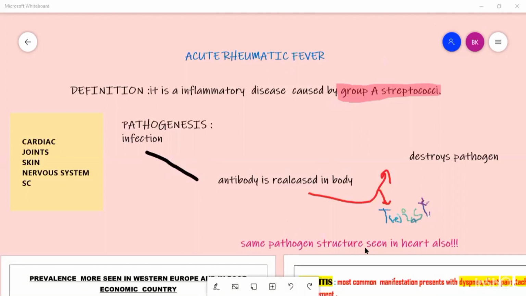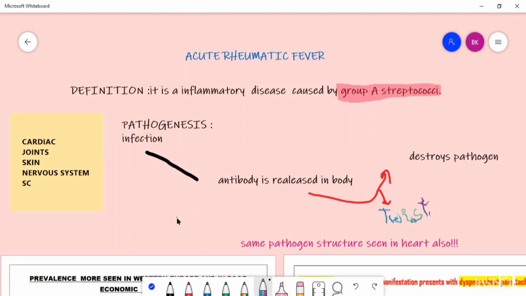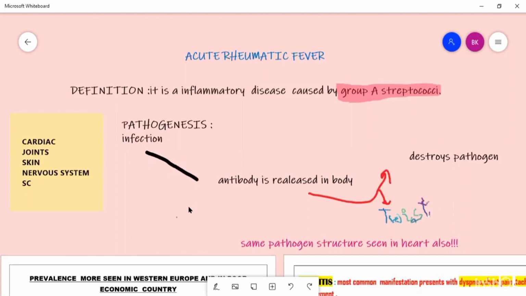The heart muscles have a structure, okay, at a very micro level. It is also called molecular mimicry. Because at the microstructural level, the pathogen's structure and the structure in your heart muscle are similar.